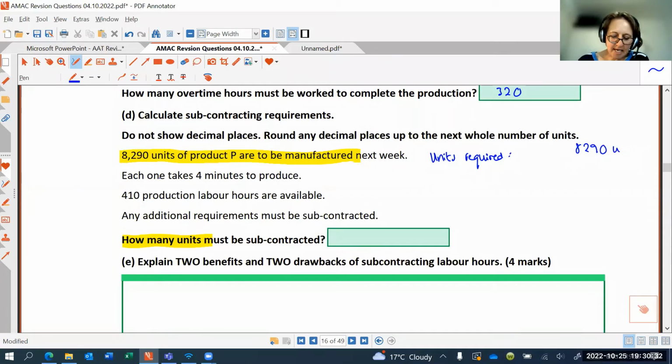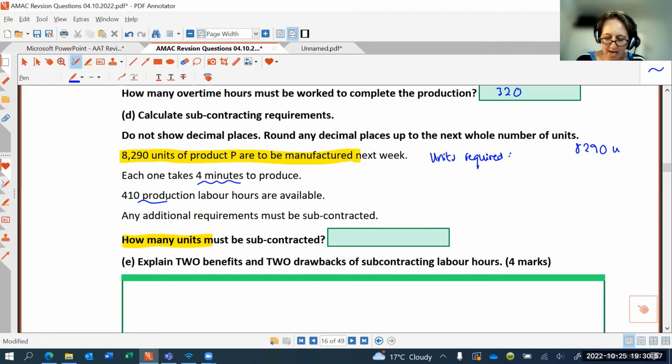Each unit takes 4 minutes to produce, and we have got 410 hours available. Any additional requirements have to be subcontracted. So if those 410 hours are not enough to make the 8,290 units I need, the rest of the units will have to be subcontracted. So that's what we're going to work on here.